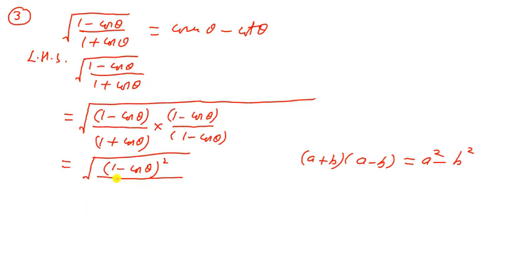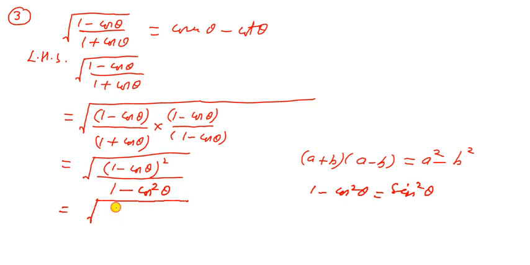So what will happen in this? It is 1 square, that is 1, minus cos square theta. As you know, 1 minus cos square theta is sin square theta.